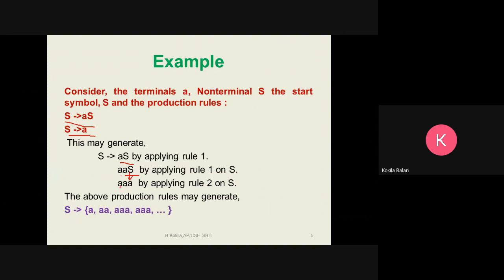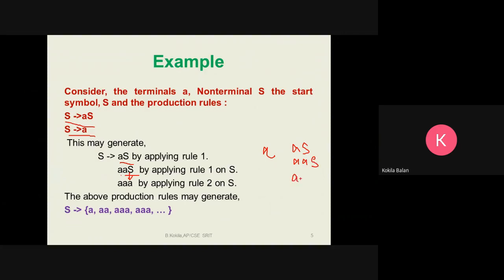So we generate a string, where rule 2 is applied to finish the string. Again, we can use just S turns to a alone. Suppose we got triple a, and now we want to generate many other strings. We can consider S turns to aS, and again this S can be replaced with aS.